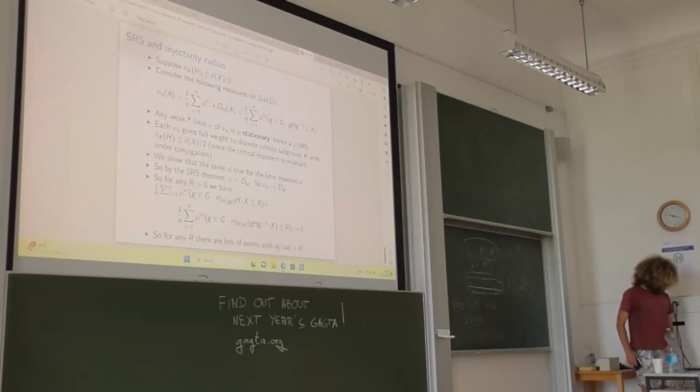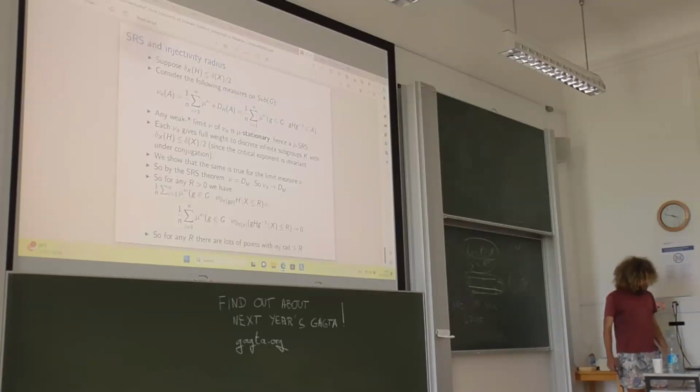So you look at all the points g in the group such that the injectivity radius at the base point of x modulo the conjugate of H is less than R. It's the same as the Cesàro average of the measure assigned by μ_i to the elements g such that the injectivity radius of x modulo the conjugate of g at the base point is less than R. And this is the same thing as μ_n of A_R. And this has to converge to 0.